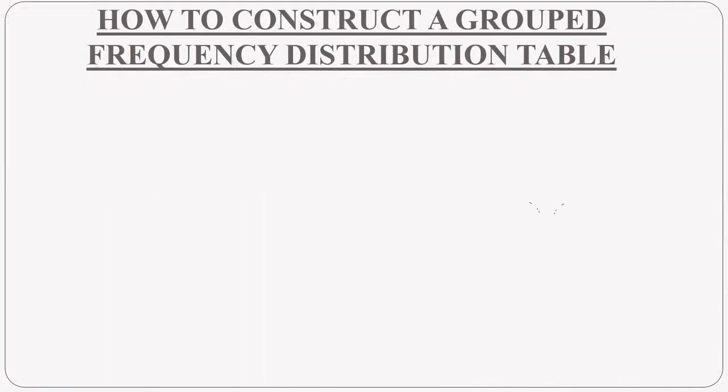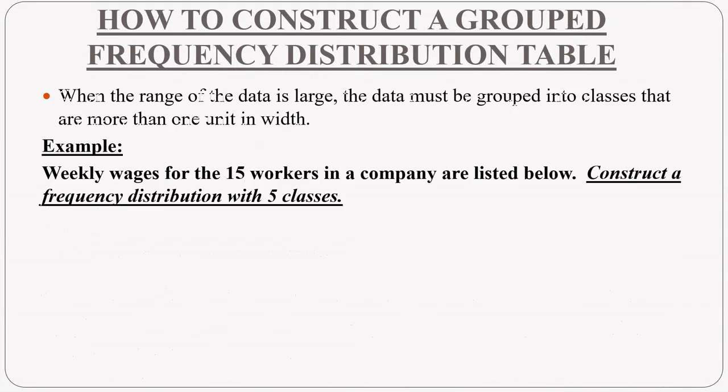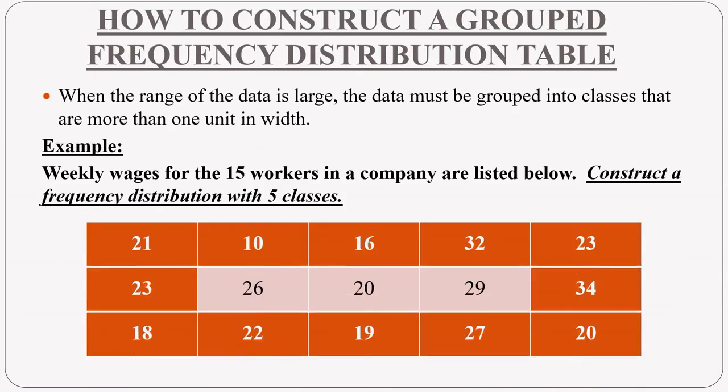Now, how to construct a grouped frequency table? I will give a simple example so that you can very clearly understand. Now, this is the table. The example states very clearly: weekly wages for 15 workers in a company are listed below.